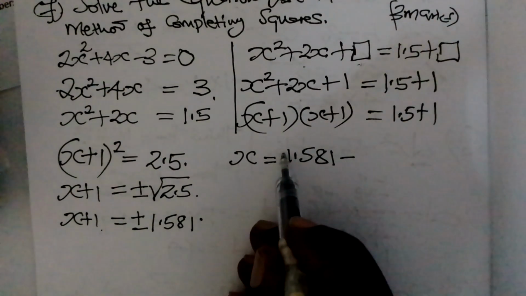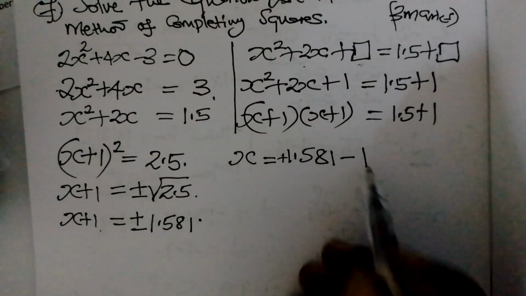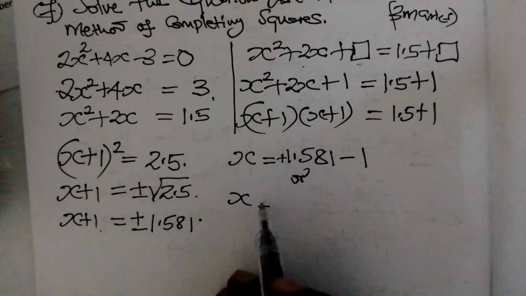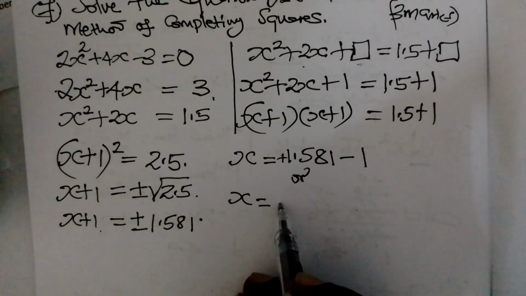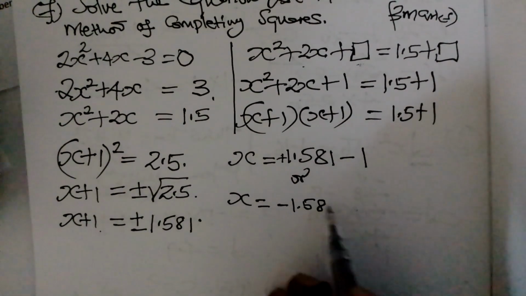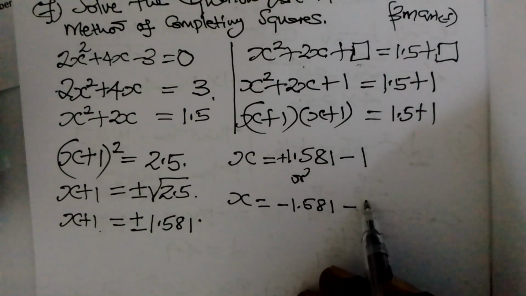So this is positive 1.581 minus 1, or x will be given by negative 1.581 minus 1.